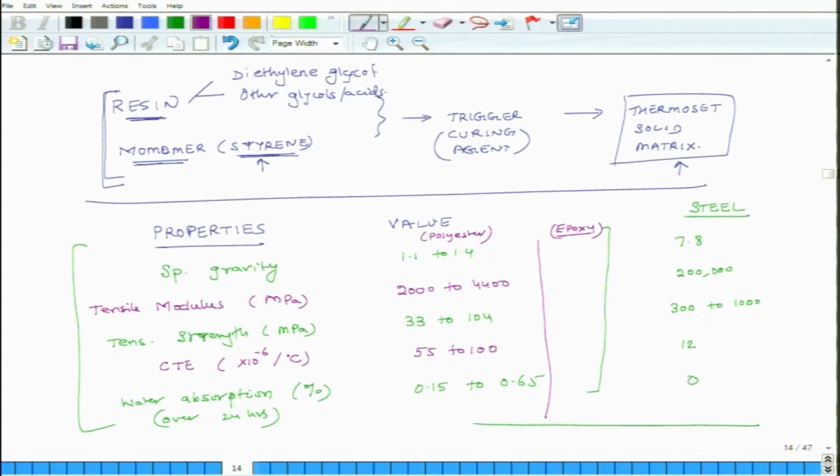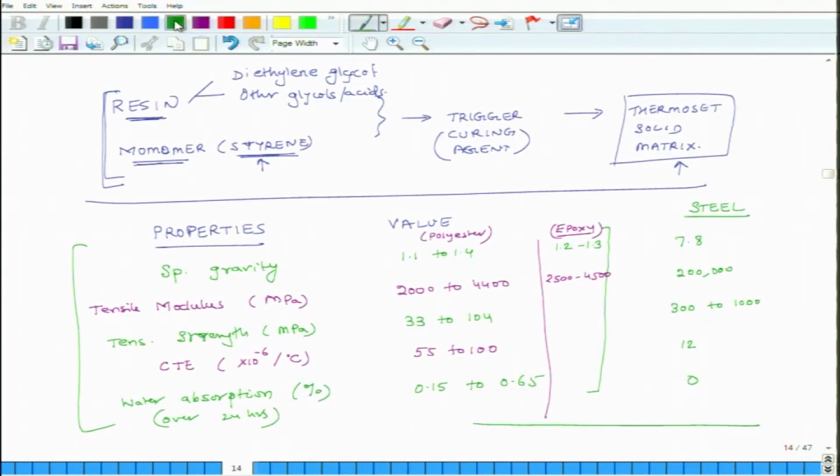So, the first thing we discussed was density. So, density does not change much between polyesters and epoxies, 1.2, 1.3. Polyester is in general slightly lighter, 10% lighter. Tensile modulus, it is appreciably stiffer, 2500 to 4500, 20% stiffer.